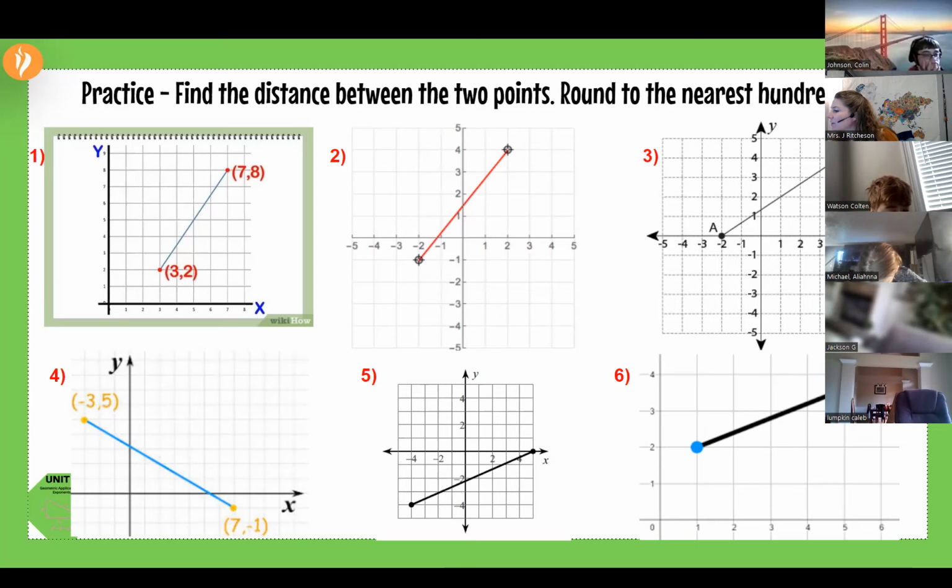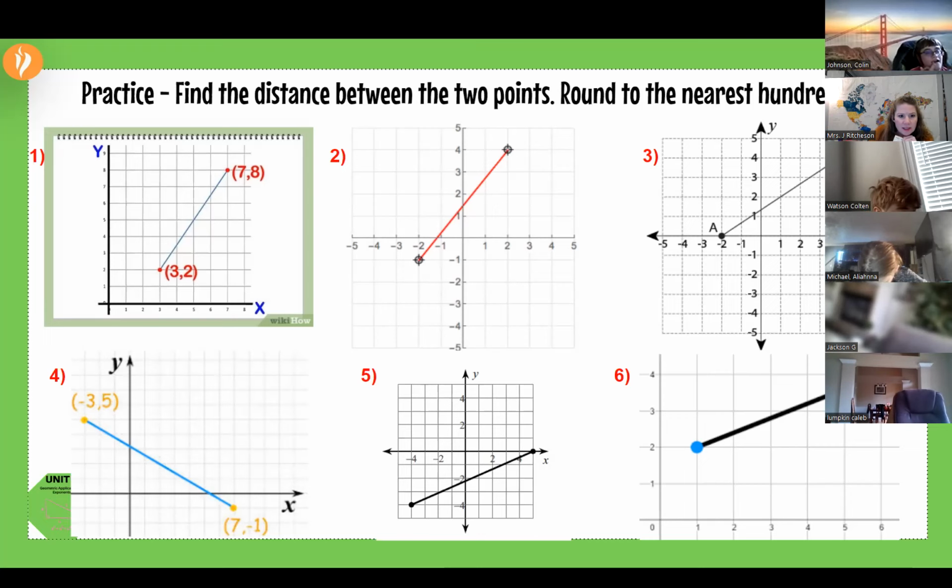Isaiah, for number 1, I got 7.2. Maybe that was a typo, I'm not sure. Ashlyn, I like it, I like it.